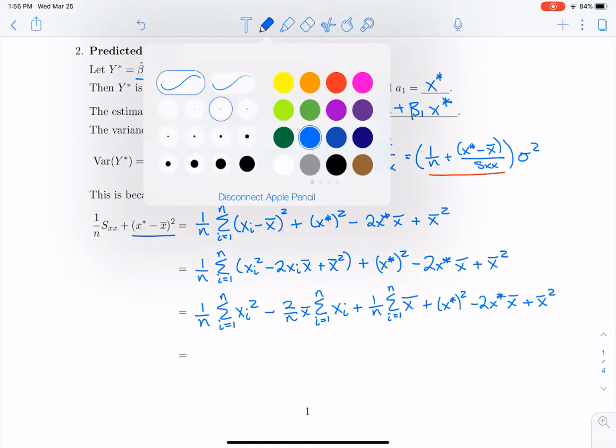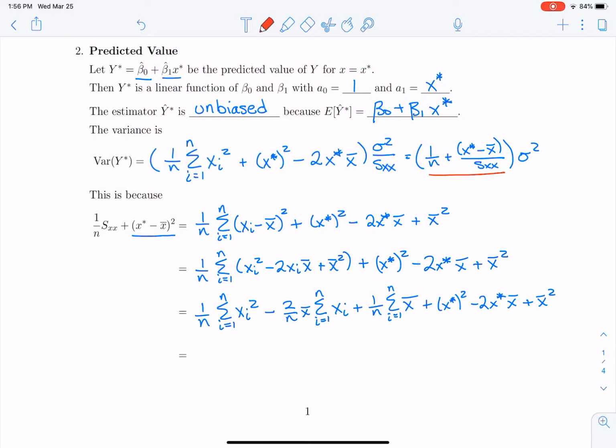Okay. If we look at this term right here, and we add the 1 over n, that term is in fact x bar. It's 1 over n, the sum from i equals 1 to n of x sub i. So that's x bar. And if we sum x bar n times, then this term right here is also just x bar.